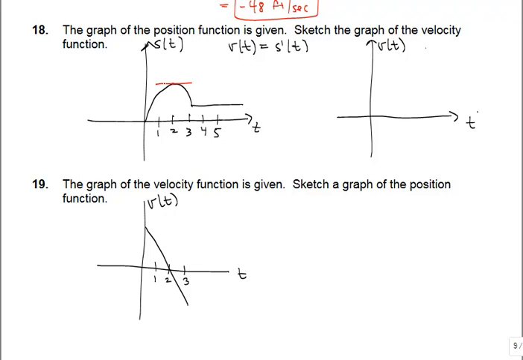So the slope of this line right at 2 should be 0 since it's horizontal, which means the y value that I plot over here at 2 should also be 0. The y values that we plot here correspond to the slopes from over here. So since this slope is 0 at 2, we need to plot a 0 at 2.